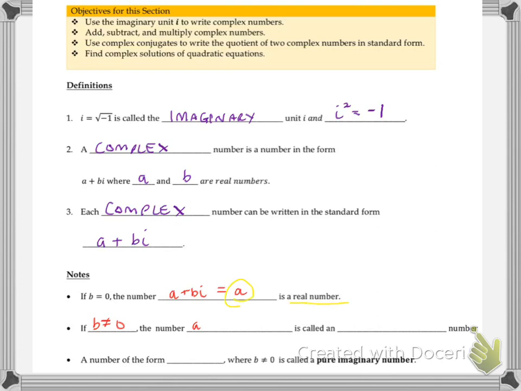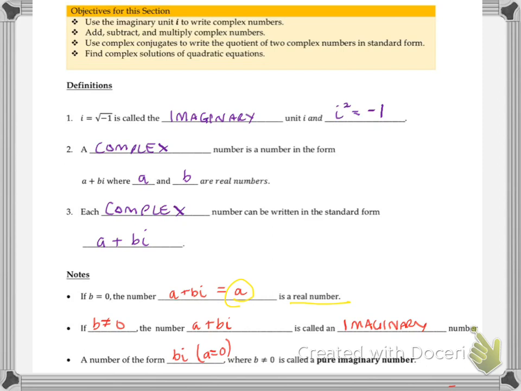And if b does not equal 0, the number a plus bi is called an imaginary number. And a number of the form bi, where a is equal to 0 and b does not equal 0, is called a pure imaginary number.